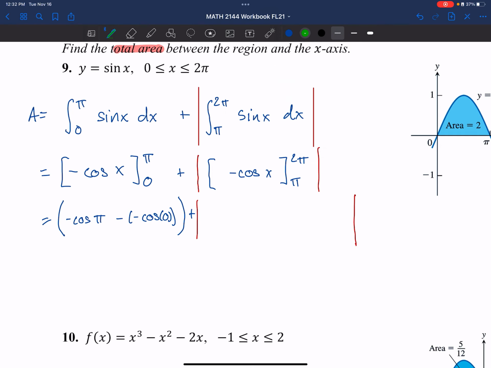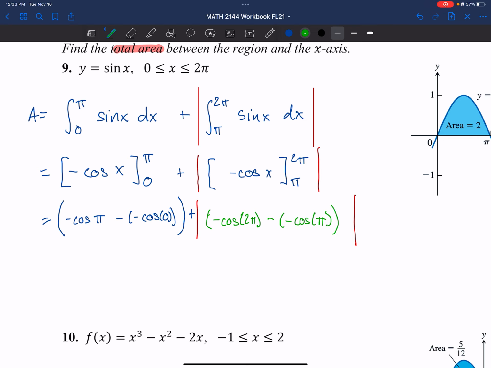This is going to be minus cosine of 2 pi minus minus cosine of pi.